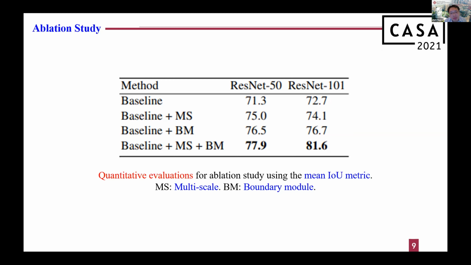With the boundary stream and the multiple scale stream, you can see that the results are enhanced, and with both of them it is much more enhanced. Compared with the state of the art, with two different types of networks, using the mean IoU metric, the ablation study showed that our quantitative evaluations also have the best performance.